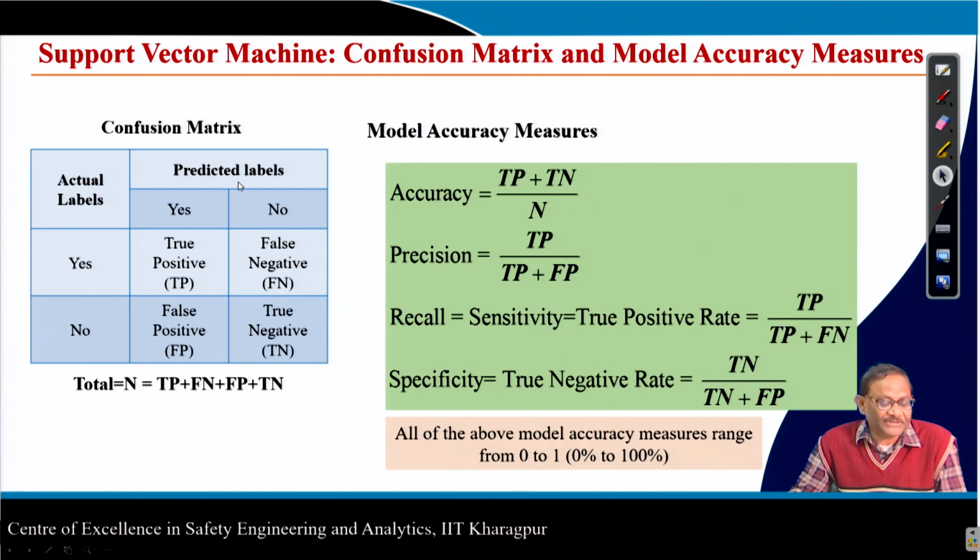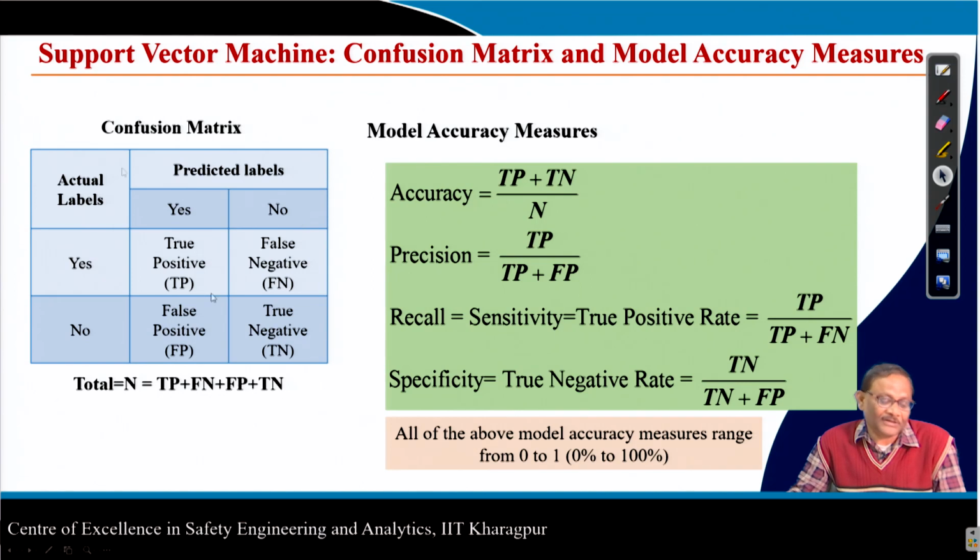When the actual one matches with the predicted one, like both yes, yes, or both no, no, then what will happen? When it is yes, yes, or positive, positive, we say true positive. When it is no, no, or negative, negative, we say it is true negative. But in the other two cases, when the actual one is positive but the prediction is negative, it is false negative. On the other hand, when the actual is negative but it is predicted as positive, that is called false positive.